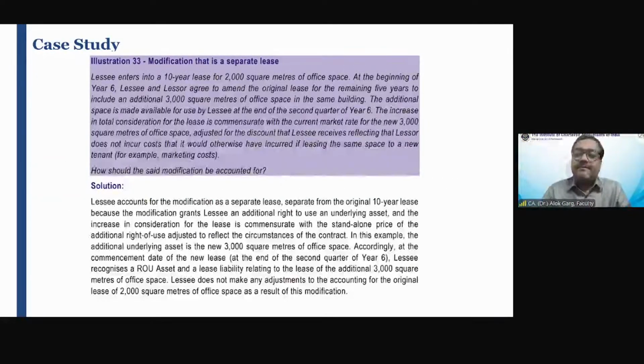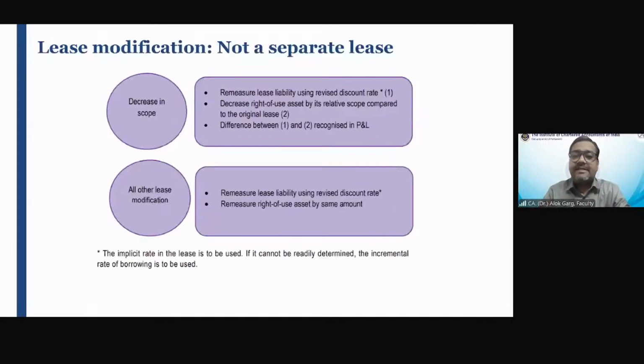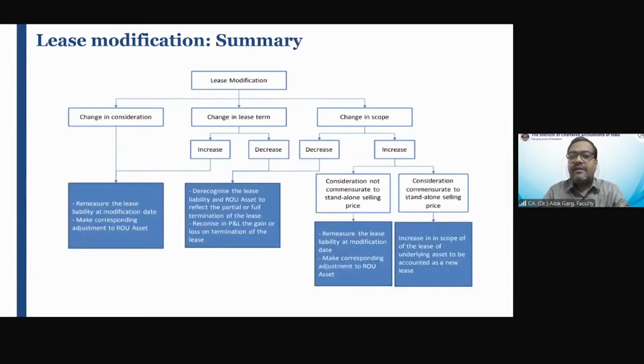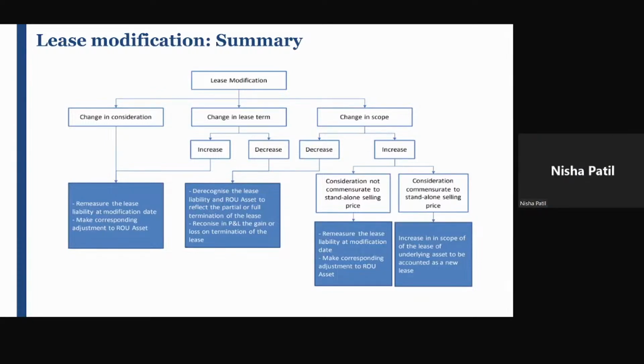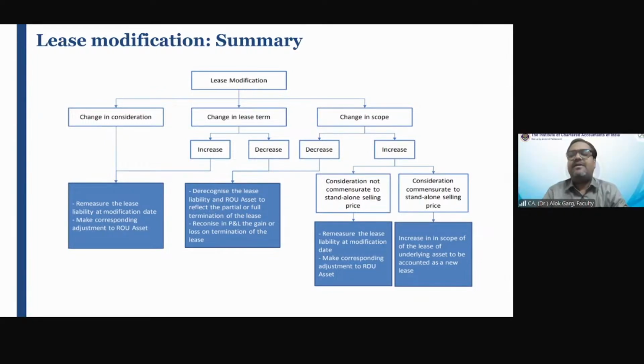Okay, so friends, we discussed that if there is an increase in the scope of the lease, and that increase in the scope is in line with the fair value of market rentals, then the change is considered as a new contract.